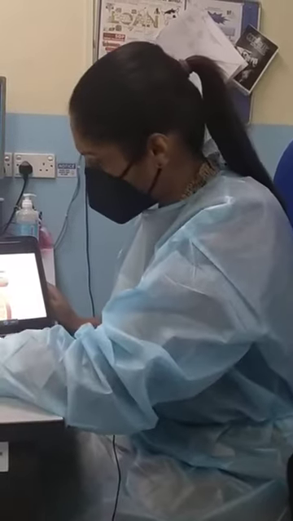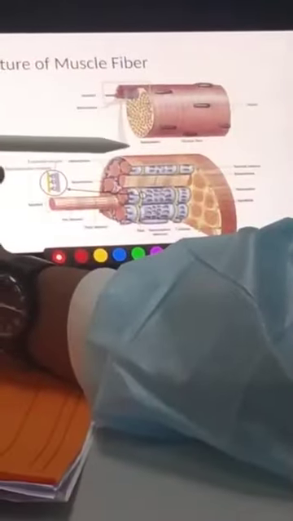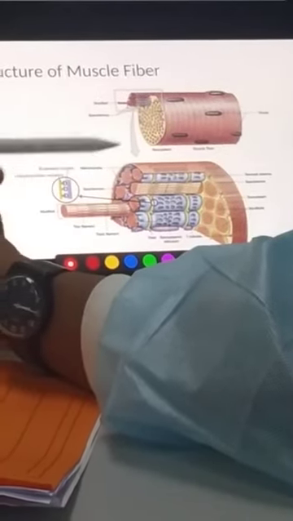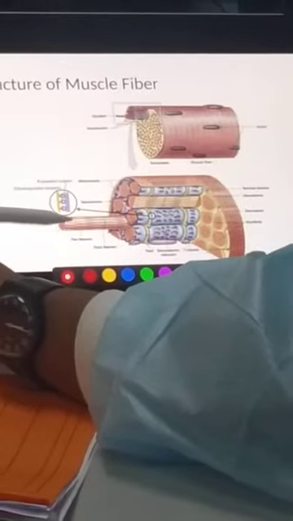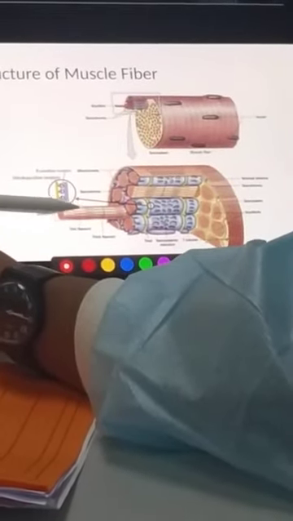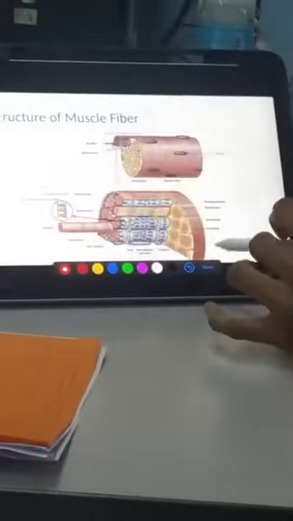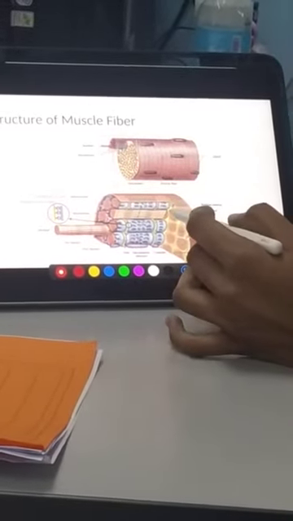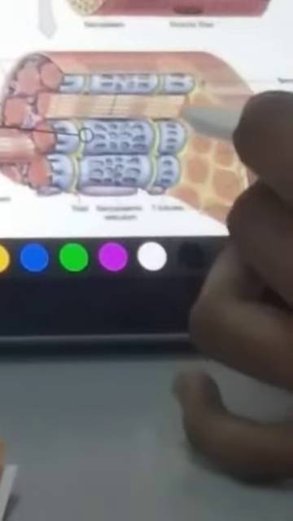I'll go into further detail. This is a myofibril, which has the thick filament in red and the thin filament in blue. These are the other myofibrils, and all this in yellow, if you see here, is the T tubules.